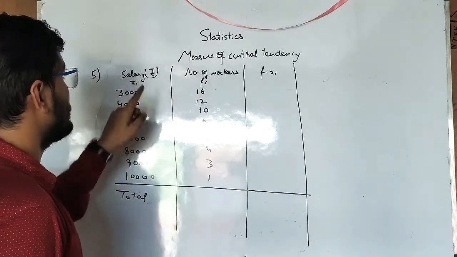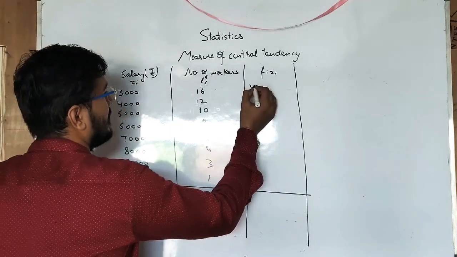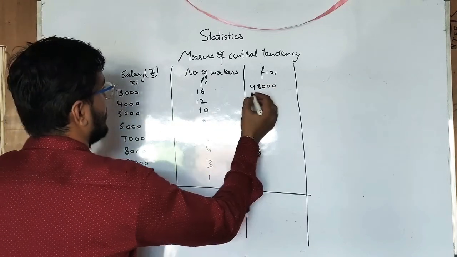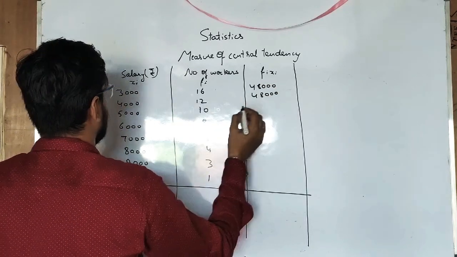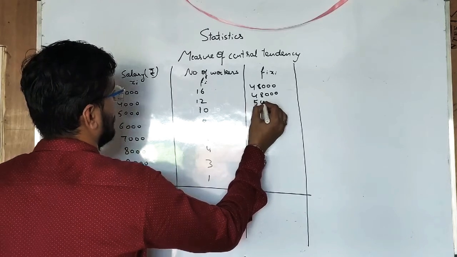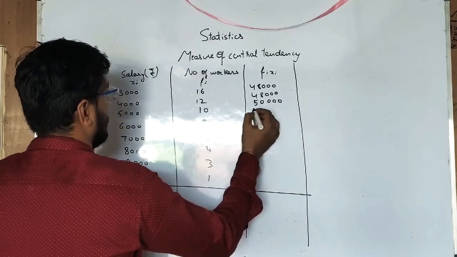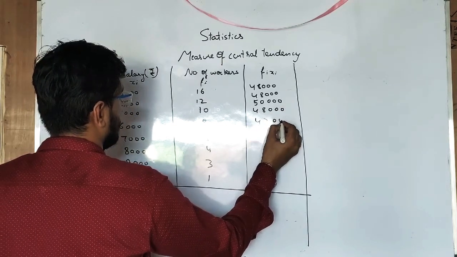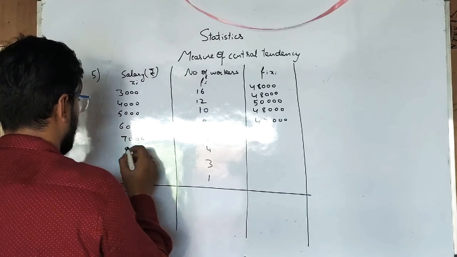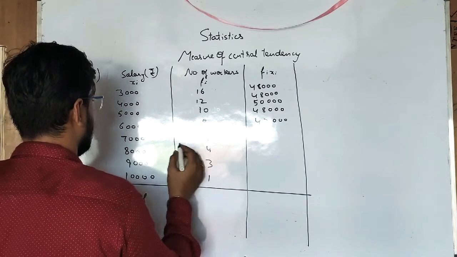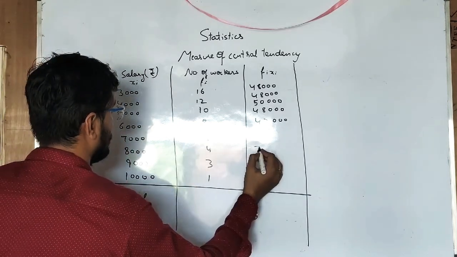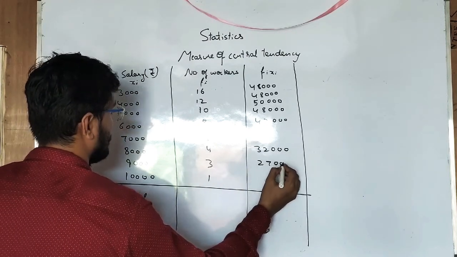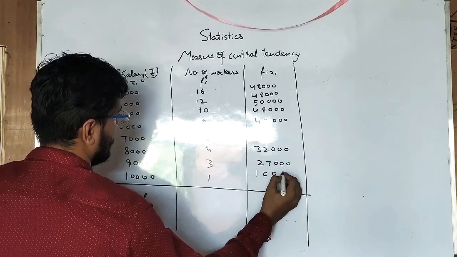Just multiply this with this. 16 multiply 3 is 48,000, right? 12 multiply 4 is 48,000. 50,000. 48,000. 42,000, right? And now 8 multiply 4, 32,000, right? 9 multiply 3, 27,000 and 10,000, right?